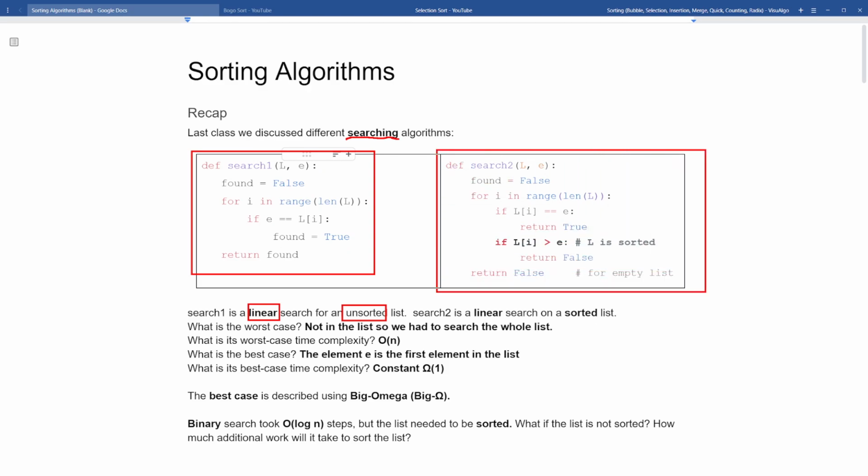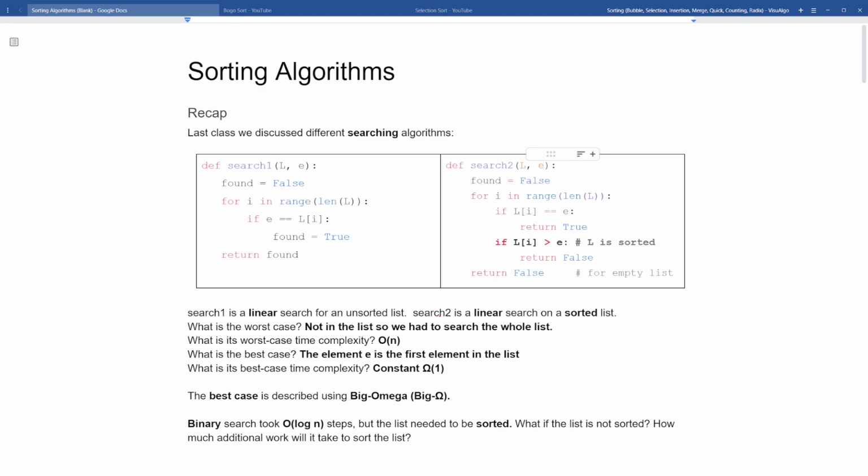Search 2 over here on the right actually used the property that L is sorted, and it was able to break out. Now, it did not actually change the running time. For both of these, they were linear running time because it's the worst case scenario. When we talked about this, the worst case is that the element you're searching for, E, is not in the list, so you have to go ahead and search the whole list anyway.